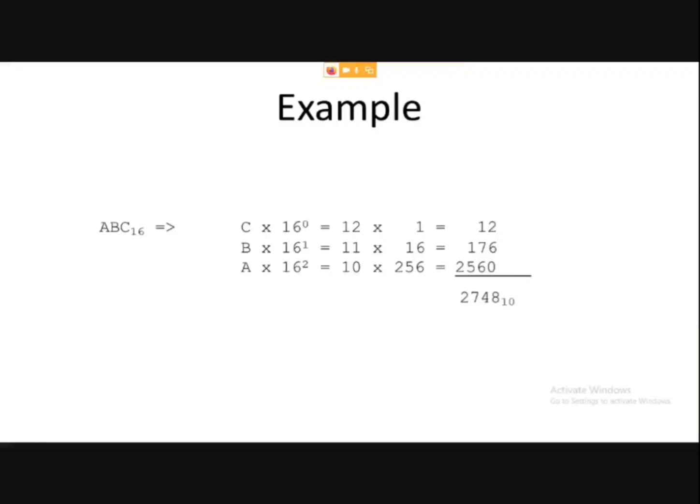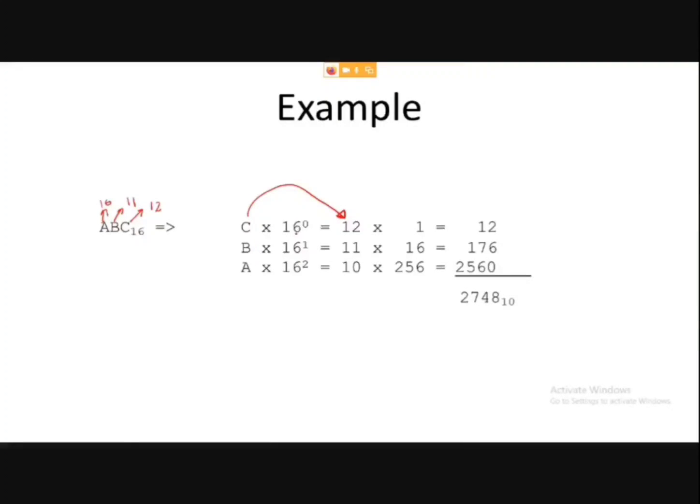into decimal. For this we have to understand that this C is actually equivalent to 12, this B is equivalent to 11, and this A is equivalent to 10. So 12 into 16 raised to power 0 here, where C has been replaced by 12.